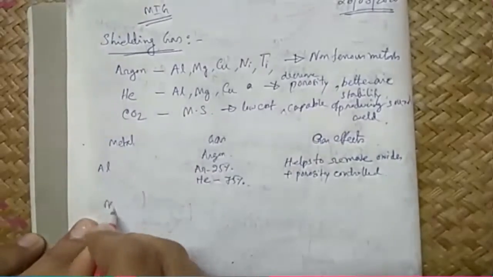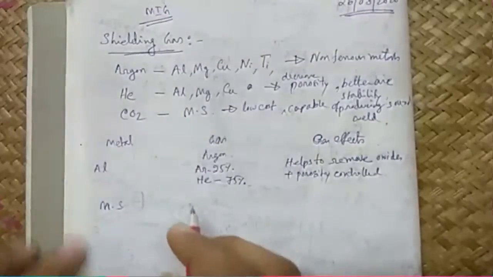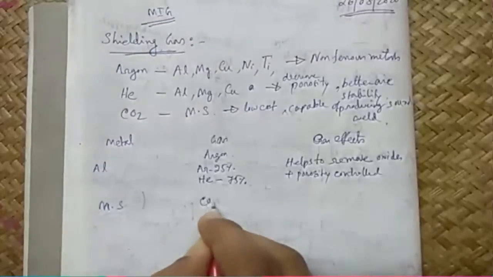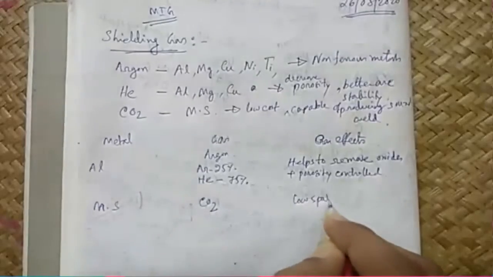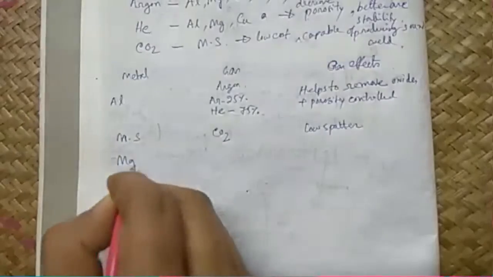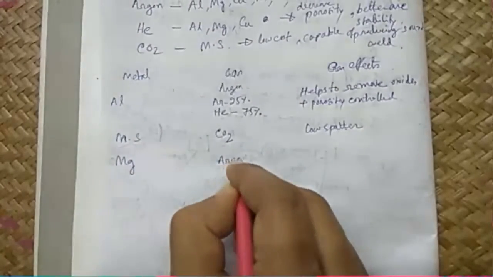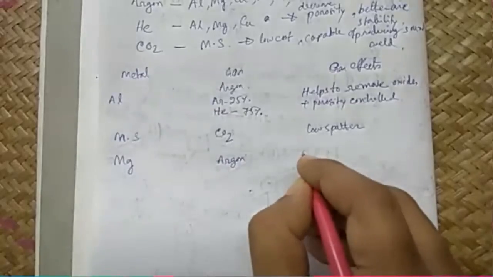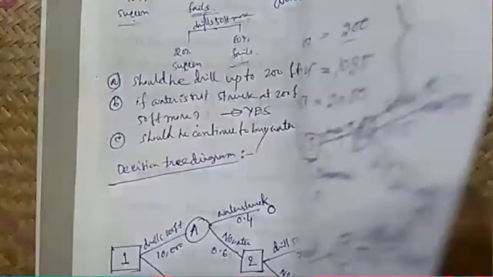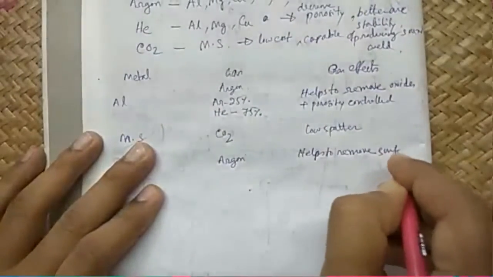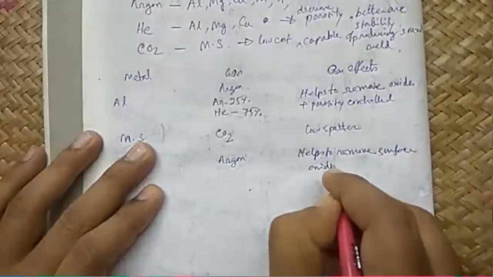Okay, if we weld mild steel, then we will use CO2, and it gives low spatter compared to other gases. So it is low spatter and the cost is also low. For magnesium, we use argon, and argon helps to remove surface oxides.